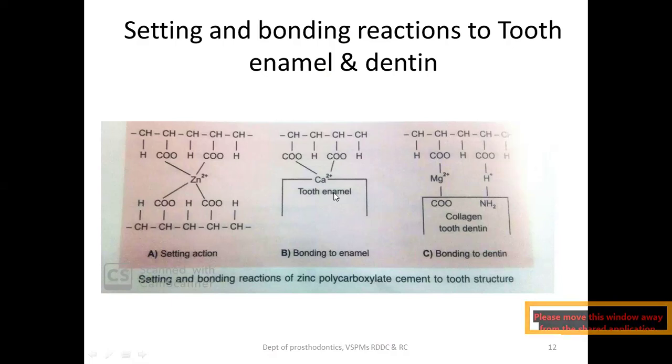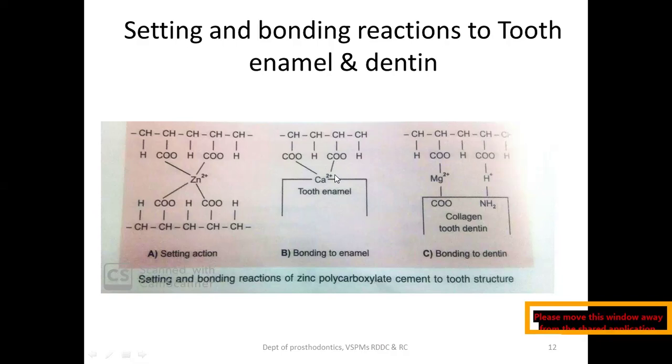These undergo a complex reaction with the calcium ions by ionic bonding. You can appreciate this well in the diagram here: the calcium of the tooth enamel combines with the free carboxylic group, forming calcium polyacrylate.